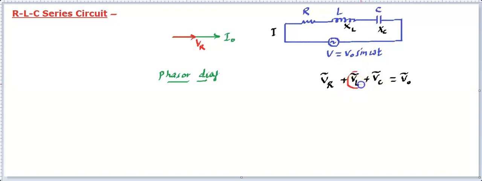Then VL leads the current by 90 degrees, so the inductor voltage is going to be like this. And you will find the capacitive voltage is going to be like this. So there are going to be three vectors like this. Now you need to find the resultant of these vectors, that will become V naught.